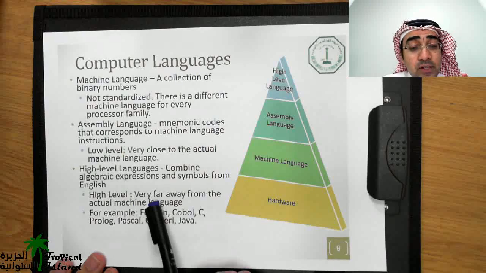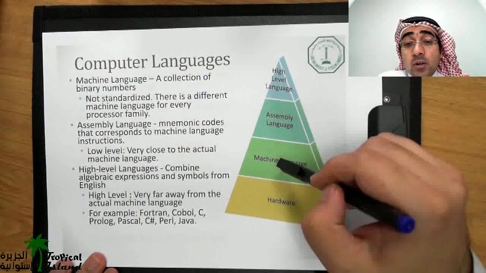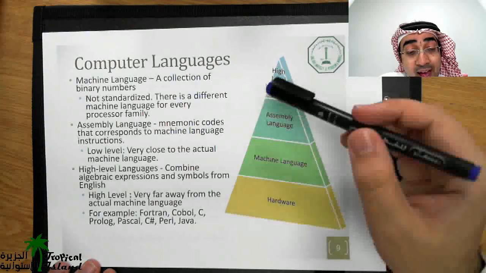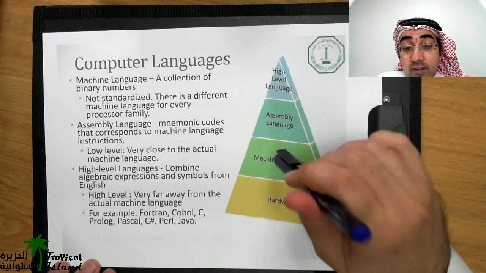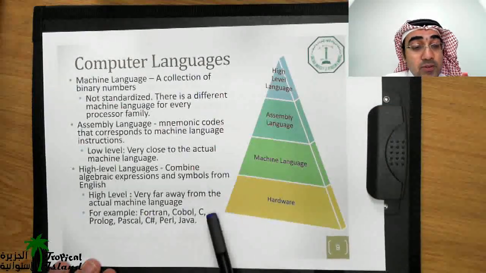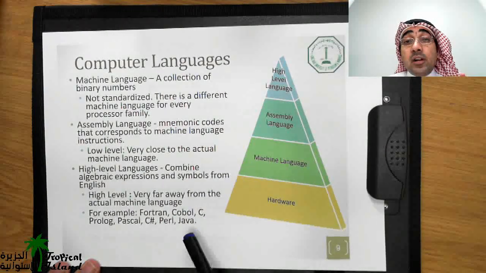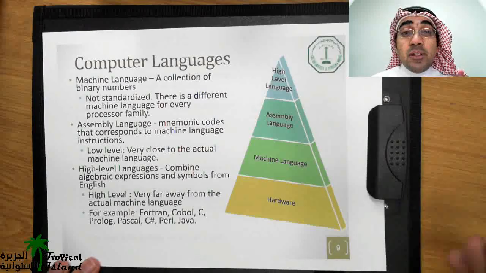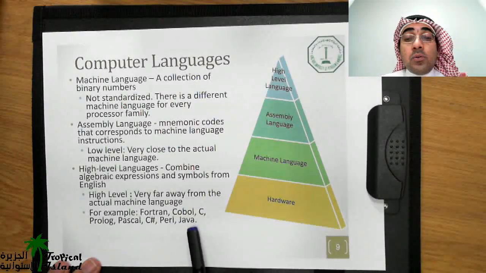A high-level language is very far away from the actual machine language. That is a problem, because the hardware only understands machine language. I'll give examples of high-level languages: Fortran, COBOL, C, Prolog, Pascal, C#, Perl, Java, .NET. Any other programming language that you can think of is a high-level language.